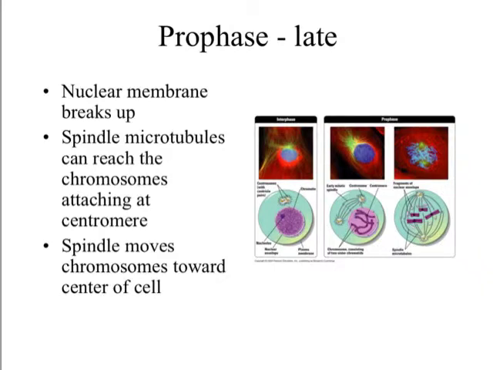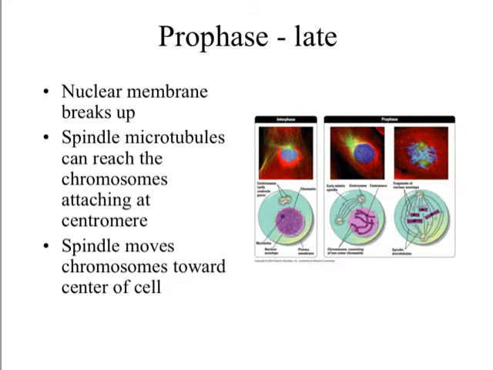Now, as prophase goes on, in later steps of prophase, the nuclear membrane is going to start to break apart so that the DNA can be just out in the cell and be able to be pulled apart. These microtubule spindles are going to start to attach themselves to the chromosomes at the centromere, at that center dot where the 2 sister chromatids are attached to each other.